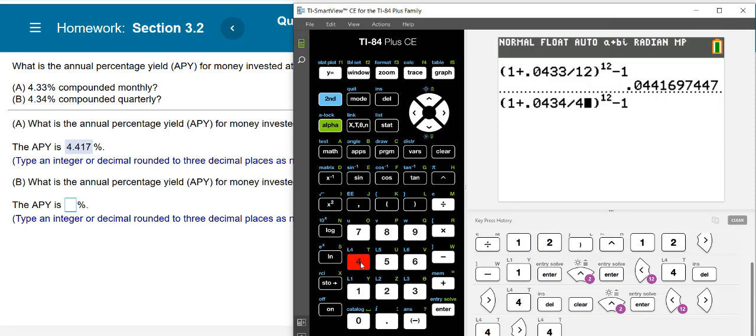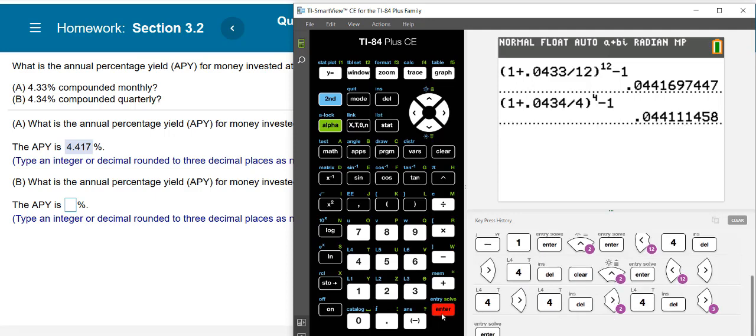Now I can type the 4 and it'll replace the 1, and I hit the DEL key to get rid of the 2. Same thing up in the exponent. Type the 4 in place of the 1, DEL to get rid of the 2, and there's my calculation. Now if you didn't follow that, you could type the entire calculation again, and rounding to 3 decimal places, 4.411%.